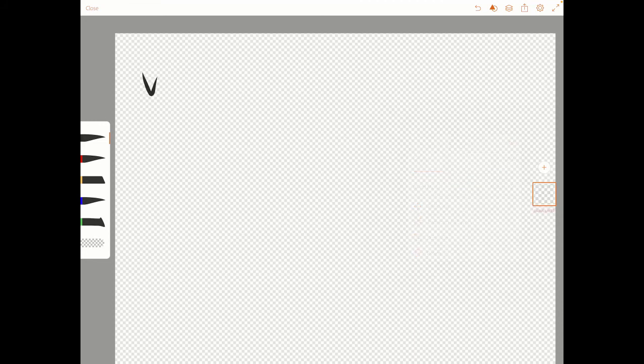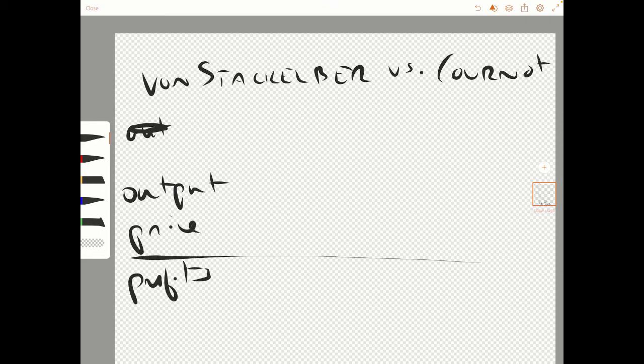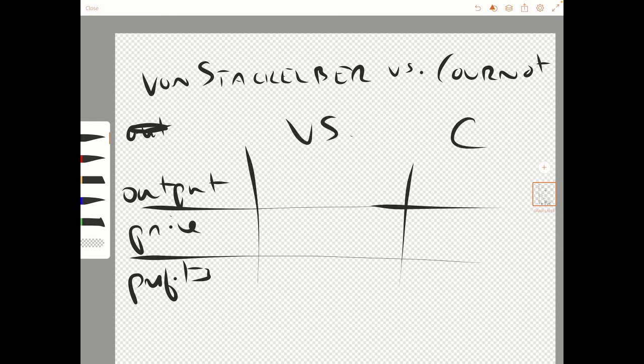Let's compare Von Stackelberg to the Cournot model. And what do we end up with? Well, let's look at output, price, and profits. So here's Von Stackelberg, here's Cournot.